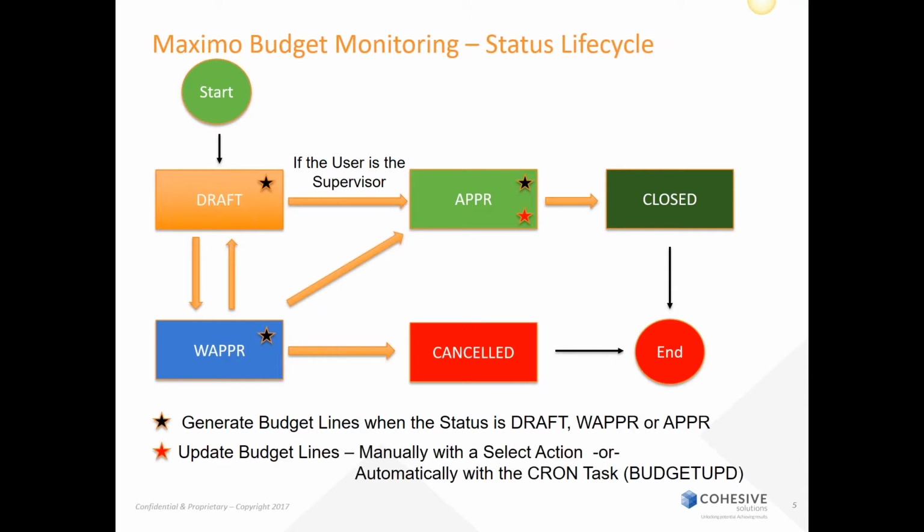But I noted with this red star that only once it's approved can you actually go out and collect the cost against the budget or against the budget lines. You can do this manually with that select action button, or your other choice is to use a cron that IBM provides that just says update my budget every so often, and you can set up the frequency that you want that cron to run.